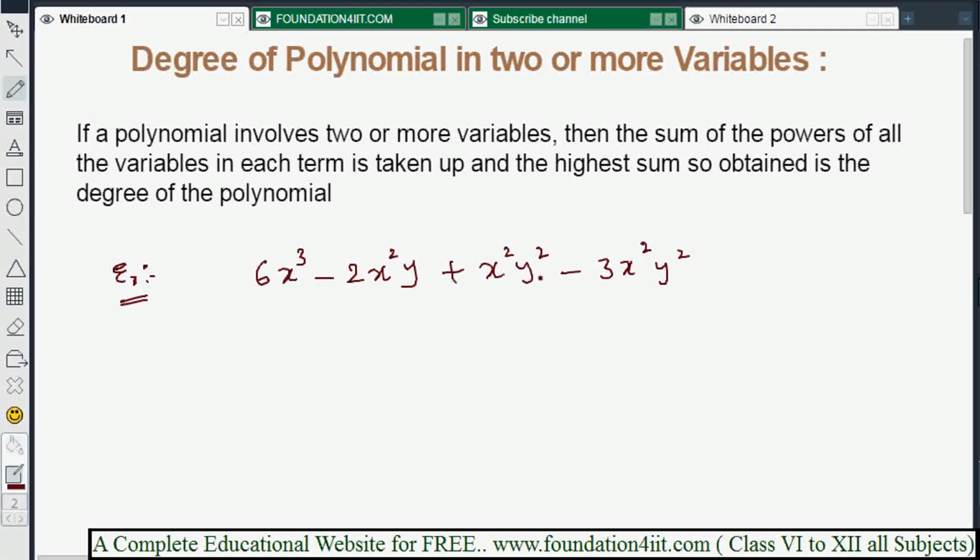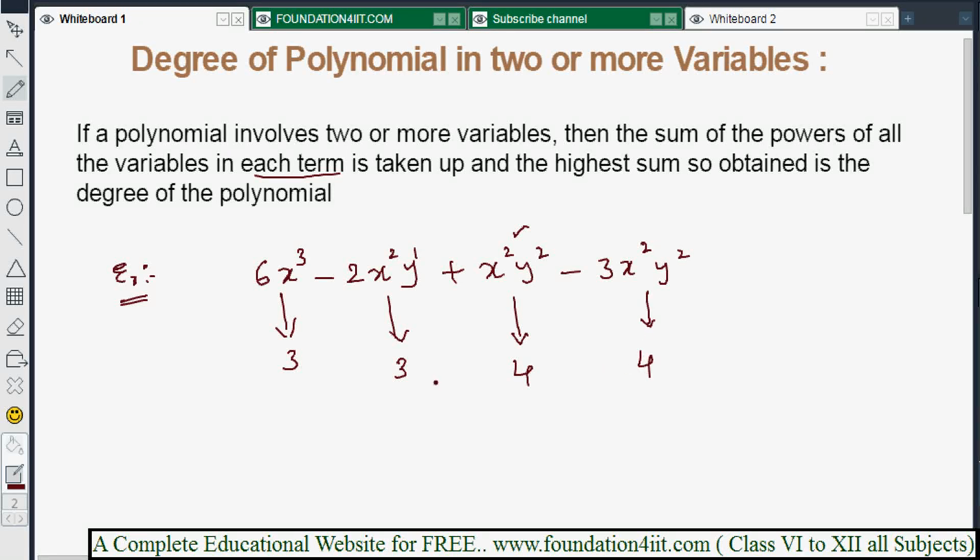Polynomial involves 2 or more variables, so we take the sum of the powers of all variables in each term. In the first term, x cube, only 3. In the second term, x square and y power 1, that means overall 3 because 2 plus 1. In the fourth term, the sum of the powers of all the variables is 4 because x square and y square, 2 plus 2. You need to add both. When you come to this x square y square, so 4.